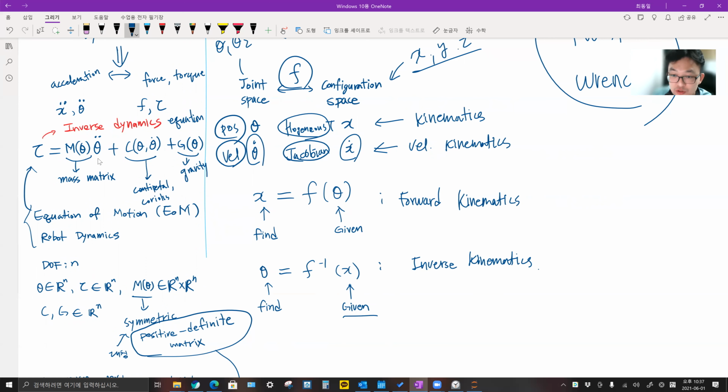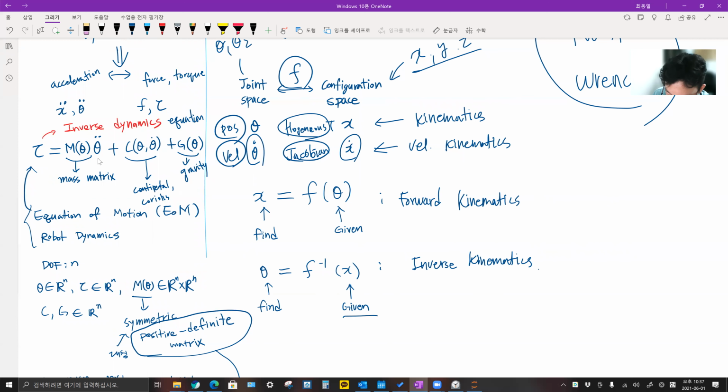So usually we call this inverse dynamics equation the equation of motion. Sometimes we call this EOM. Generally, when we say robot dynamics, that indicates this inverse dynamics equation.